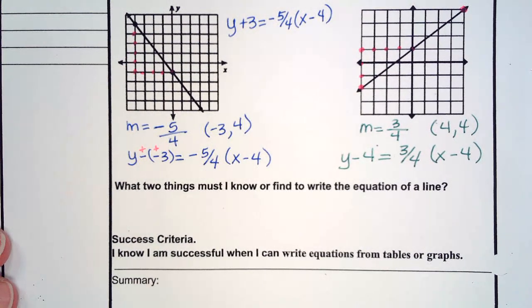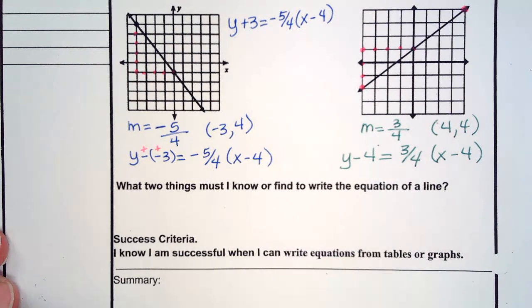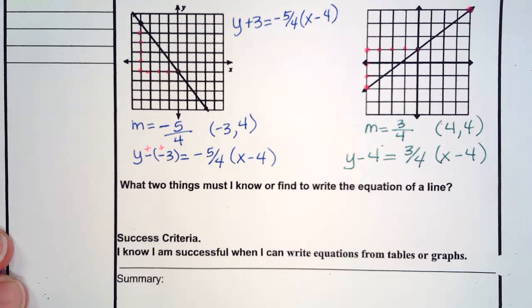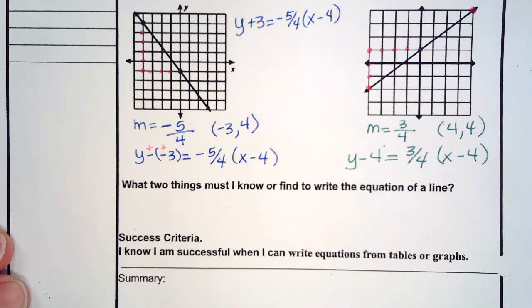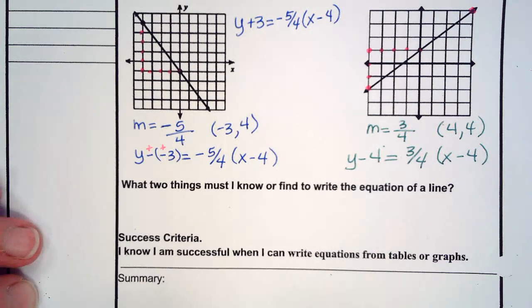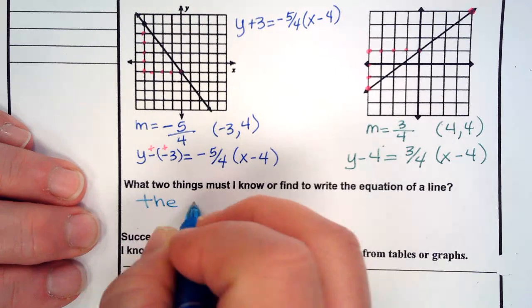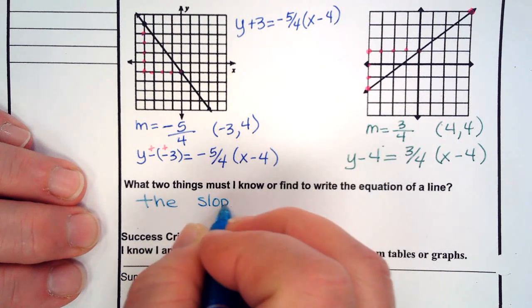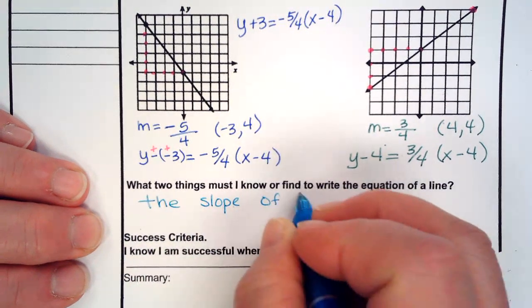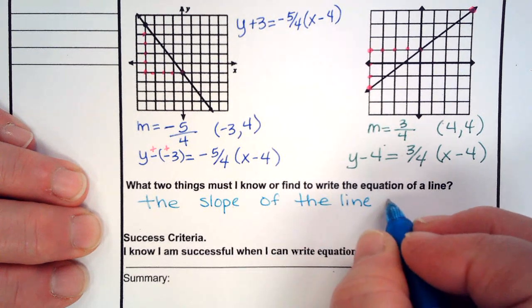So I'm getting ready to write the equation of a line. What are the two things you must know or find to write the equation of a line? Well, you have to find the slope. So it's the slope of the line. And a point.